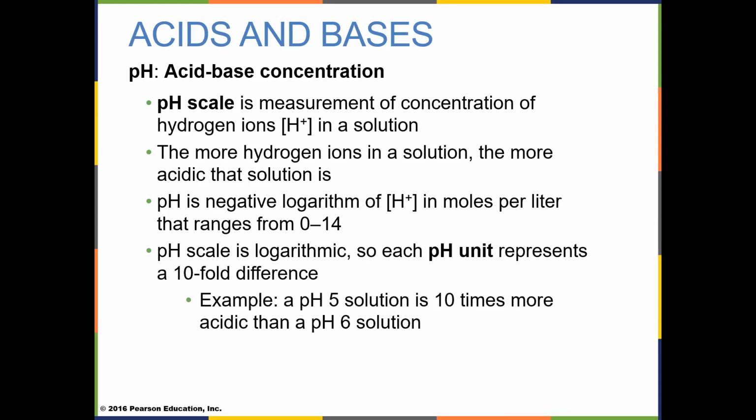Now, this is where it sometimes gets a little bit confusing, if I haven't confused you already. The more hydrogen ions you have, the more acidic your solution is, and that means the lower the pH scale reads. So a low pH means high acid.